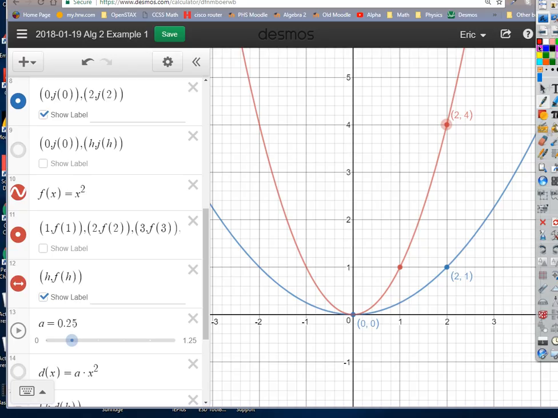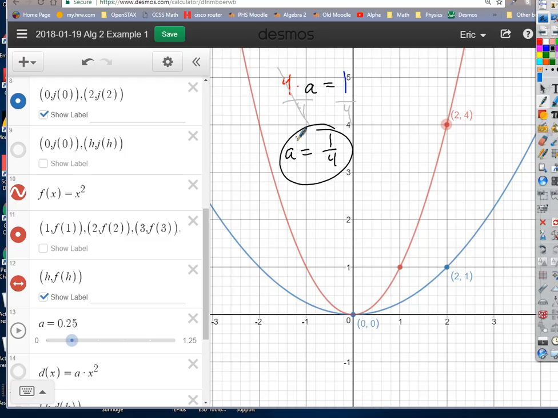So we're going to multiply 4, which is this value, times A to get 1, right? Everybody agree you multiply the parent y value by A to get the dilated y value? So if I solve for A, there's only one step. What do I do to isolate A? I just divide both sides by 4, and I end up with A equals 1/4, right?